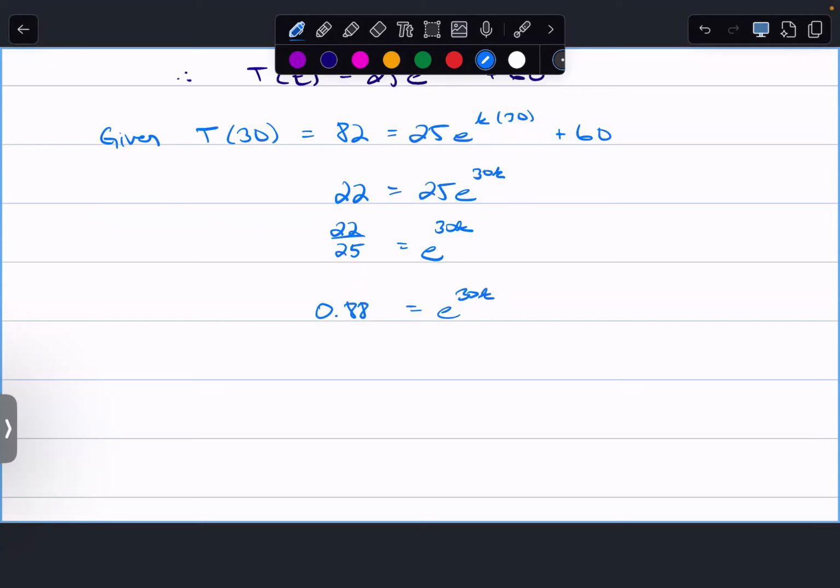Been a while, right? But how do we solve for k when it's in the exponent? We have to use a log of some sort, a convenient log maybe, log base e. And so I'm going to do it to both sides, the natural log of 0.88. And because it's our warm-up review do-over question, I'll write the log around the e. But because the reason you're taking the log of both sides is to bring the exponent down, you are allowed to jump down to the next line.